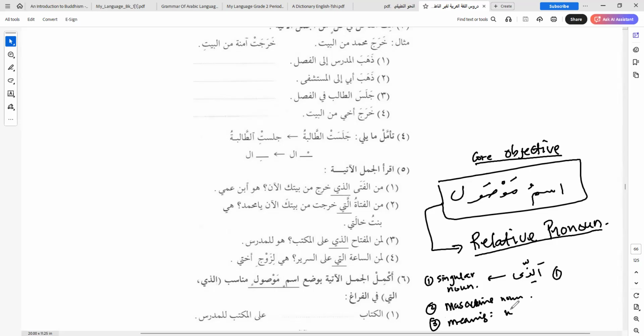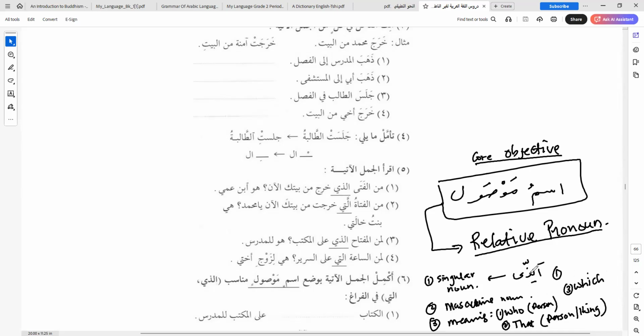الذي can mean who when you are referring to a person. And then it can mean that, when you are referring to a person or a thing. And then الذي can also mean which.